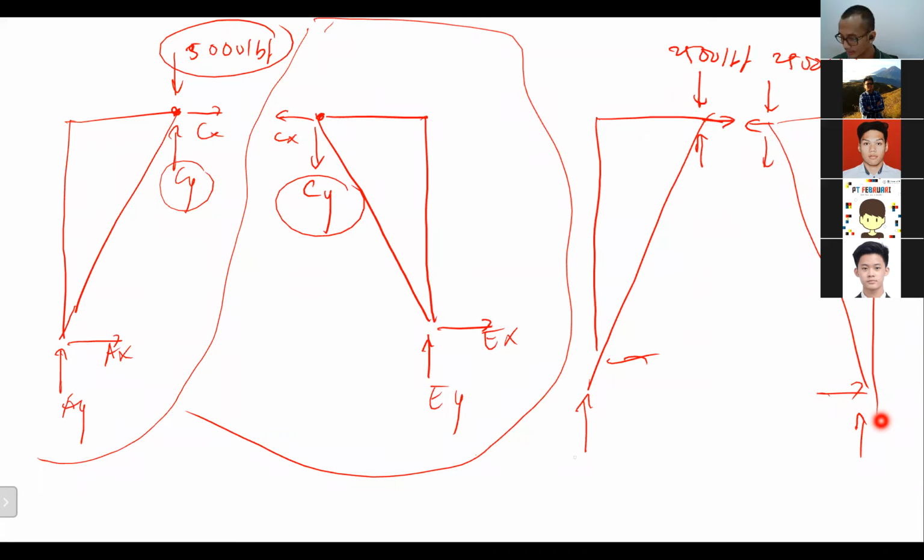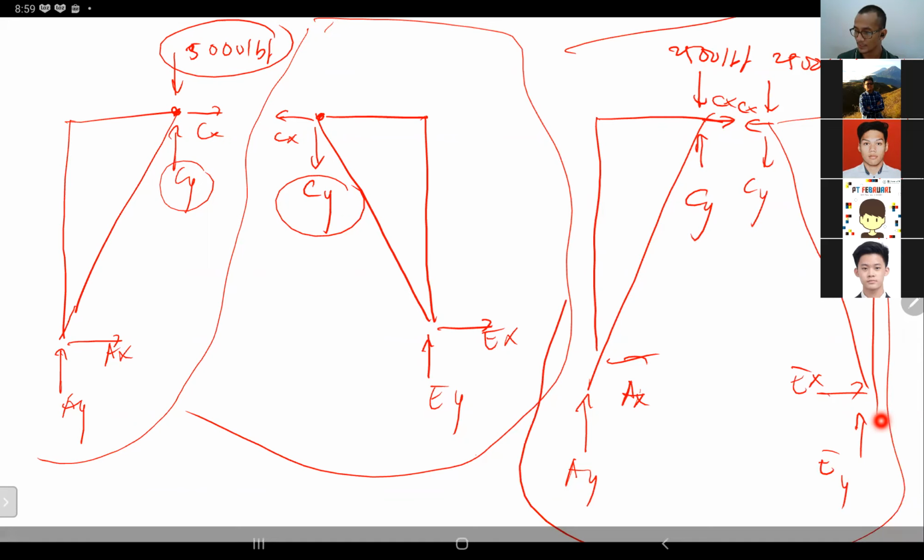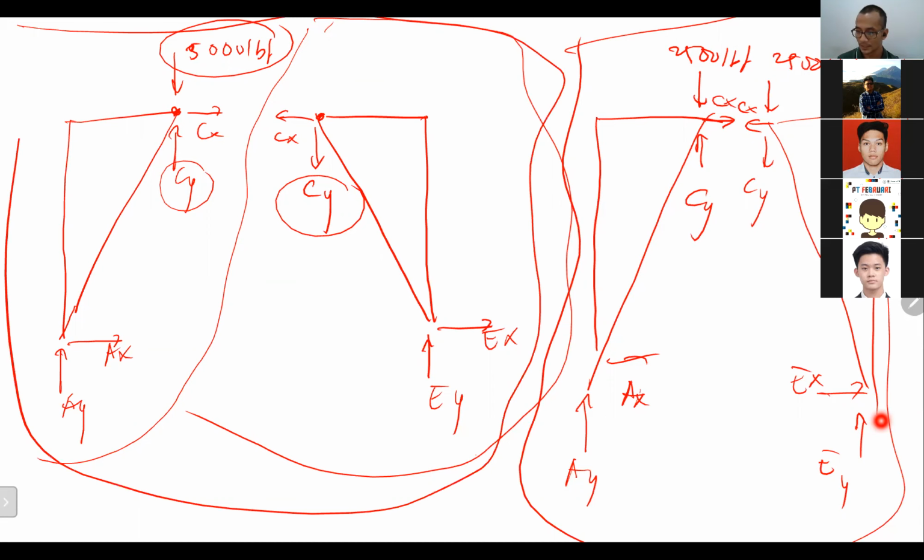Why will it be exactly the same? Later, the one that will be different is the value of CY. The value of CY in this particular set of free body diagrams, the first way and the second way, will be different.